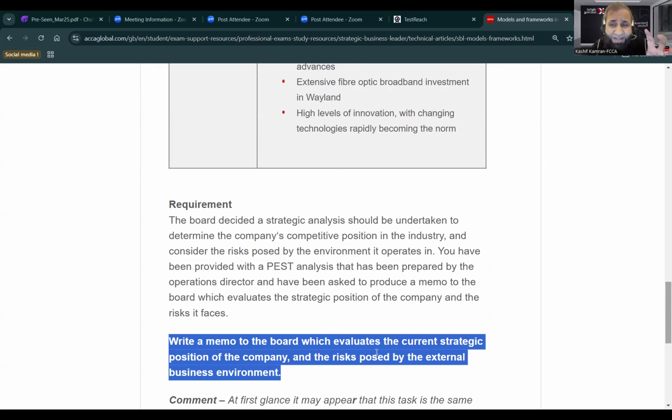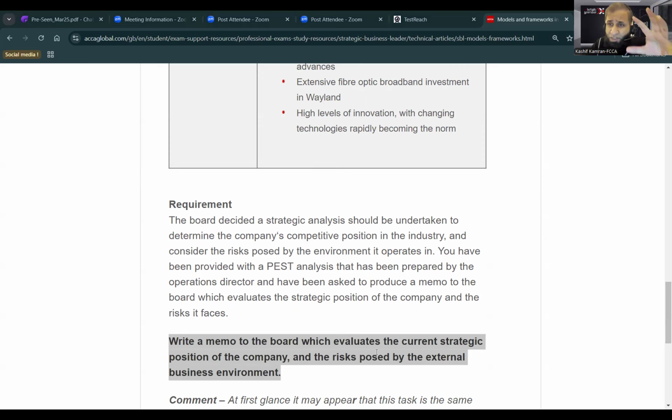Right? Where do risks come from? I've always told my students in lectures that risk comes from the external environment. Risk comes from the political environment, economic environment, social environment, technological environment. That's where the risk comes from, and the risk posed by the external environment. So do you believe exhibit number 1 will help me identify the risk posed?